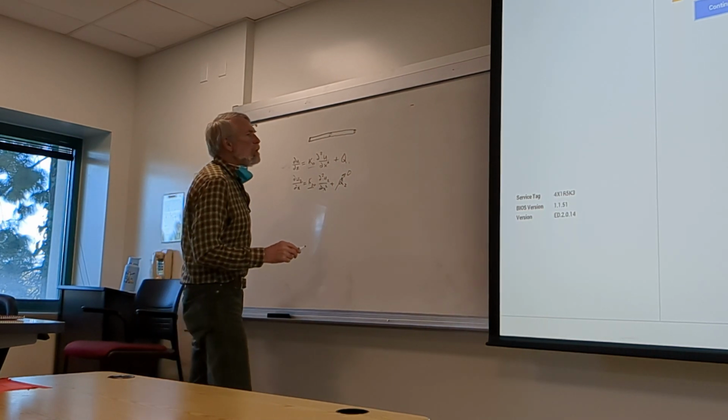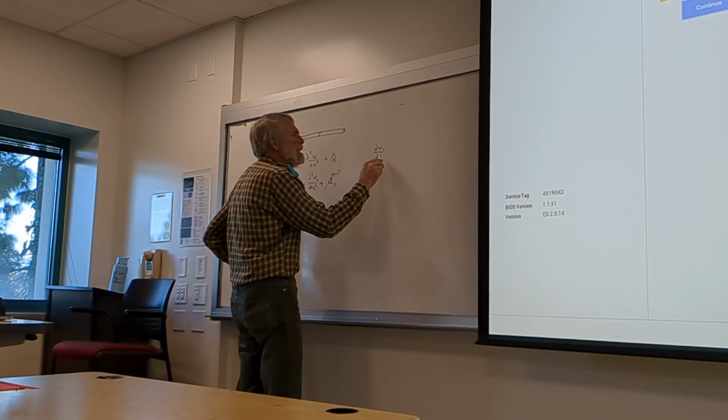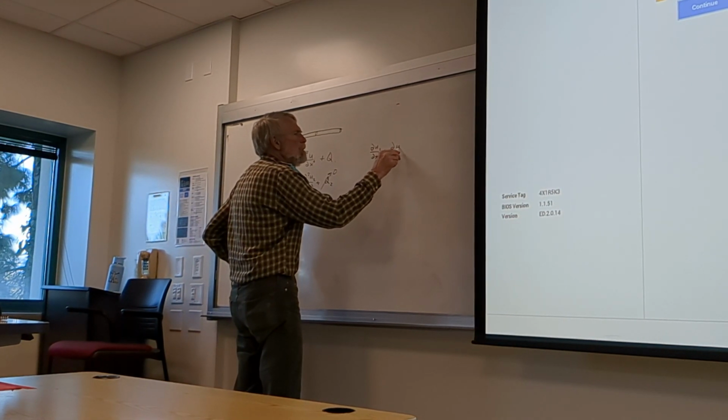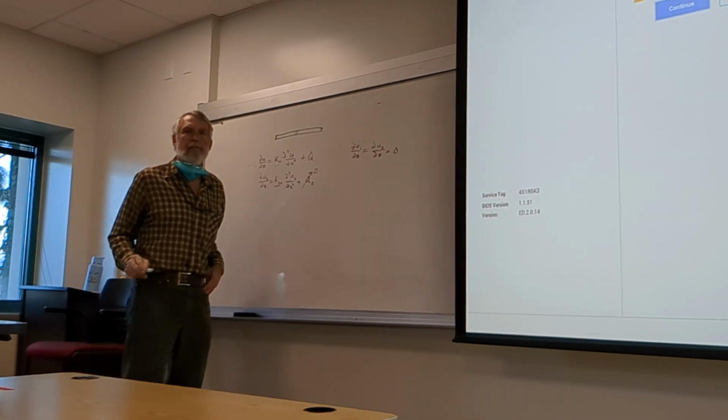And we know that we're looking at equilibrium, so we have the partial of U1 with respect to T is equal to the partial of U2 with respect to T is equal to 0, right?